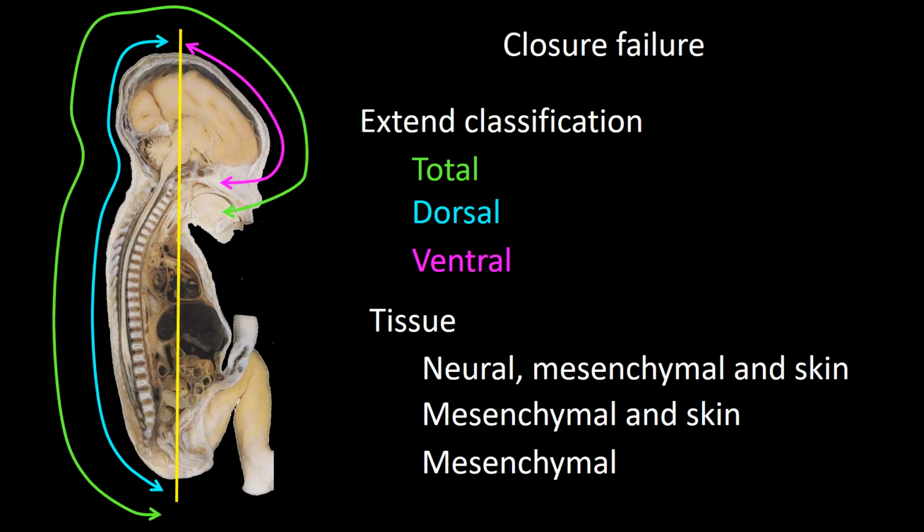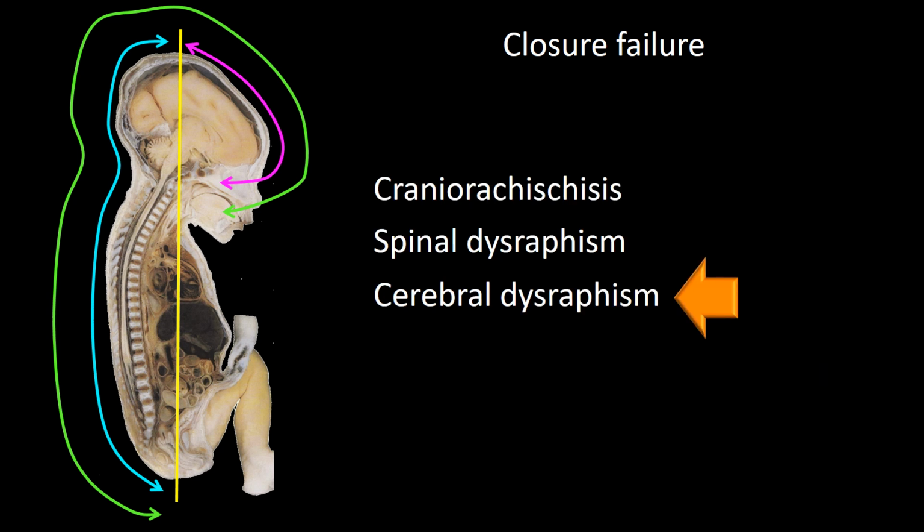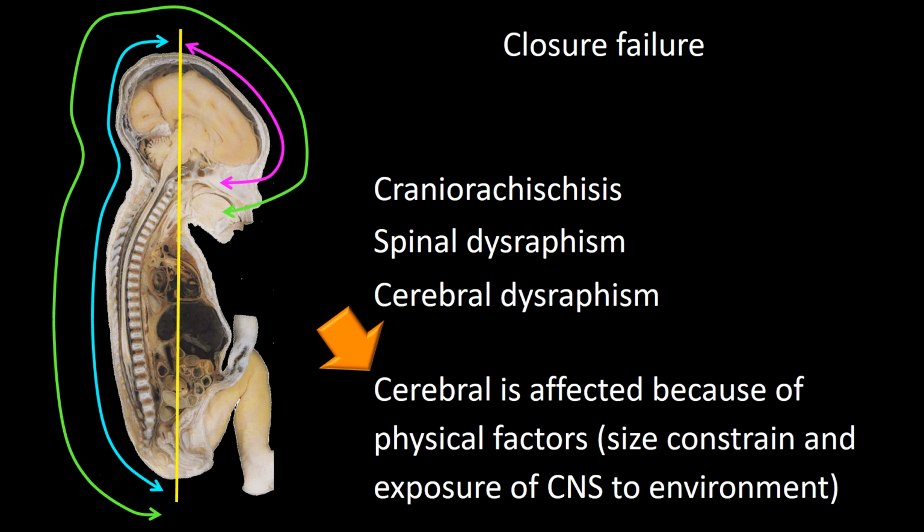This pathology represents a closure failure involving the ventral region and the mesenchymal tissue. Thus, this is a cerebral dysraphism. The damage to the brain is most likely secondary to physical factors.